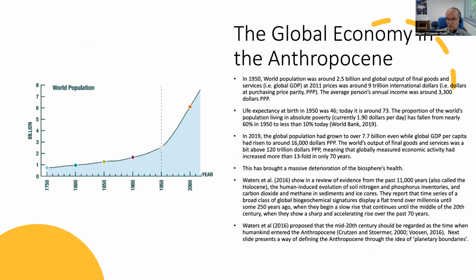Life expectancy was around 46. These are, of course, middle figures, not absolute figures. Today, we face life expectancy of around 73. So I would not say doubled, but almost doubled. In 1950, the population living in absolute poverty, what is calculated today with $1.9 per day, was around 60% of the world population.